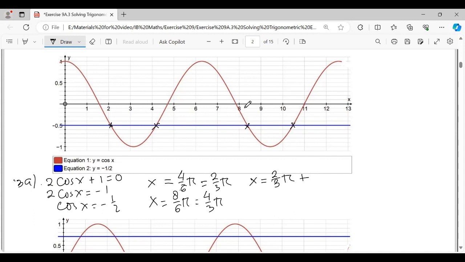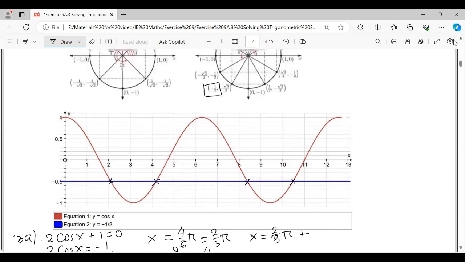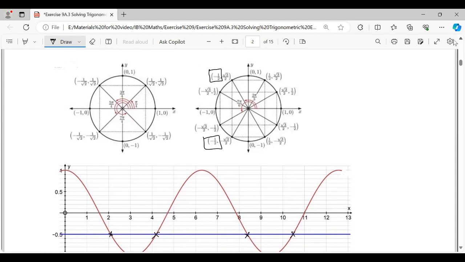It means if this is 2/3, 4/3, or 8/3. Okay, 8/3 pi. Let's see this one. 8/3 or 16/6.